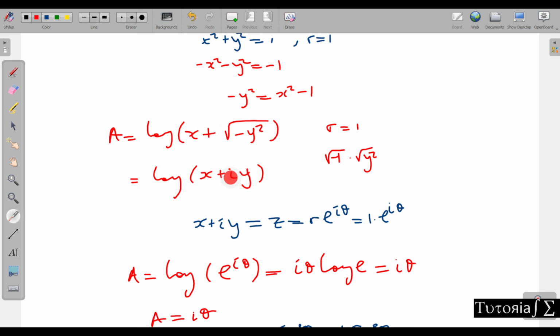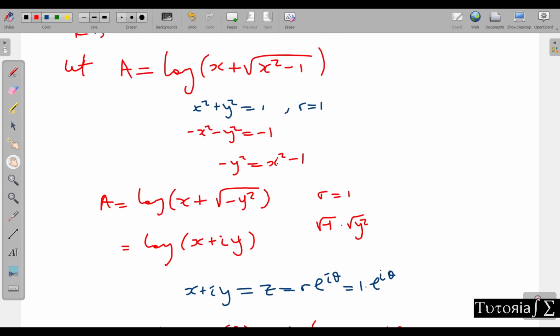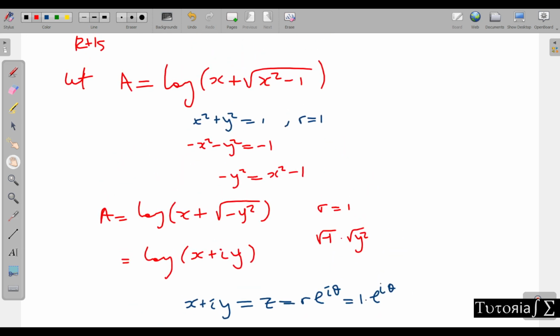Where's the radius coming from? Inside the square. Where are the x squared minus 1? We are looking at this.